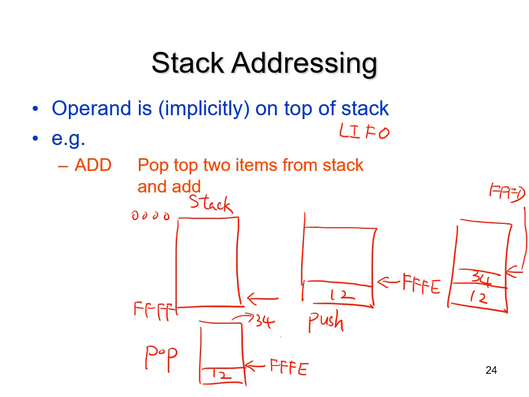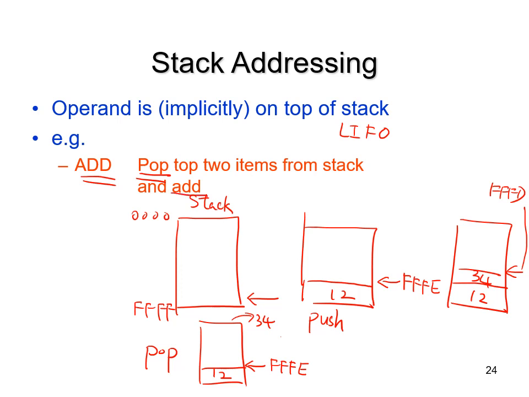Now, last time we showed you that especially if your instruction does not contain any operands, you may use the stack address. You may push the first 2 data into the stack memory, and after you execute add, it will automatically pop the top two items from the stack memory and then add the result.